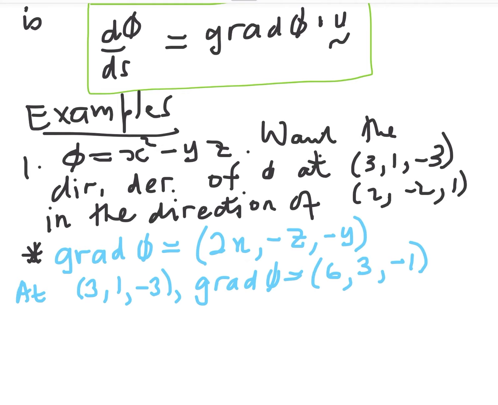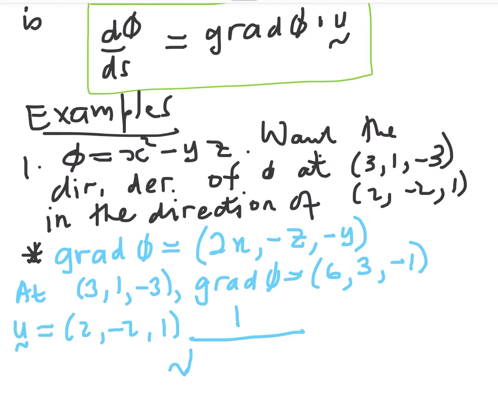The vector u will be the unit vector in that direction. So the unit vector u will be equal to the vector 2, minus 2, 1 divided by its magnitude. That will guarantee that the vector u is a unit vector. So this will be 1 over the square root of, well, the magnitude of this vector will be 2 squared plus minus 2 squared plus 1 squared.